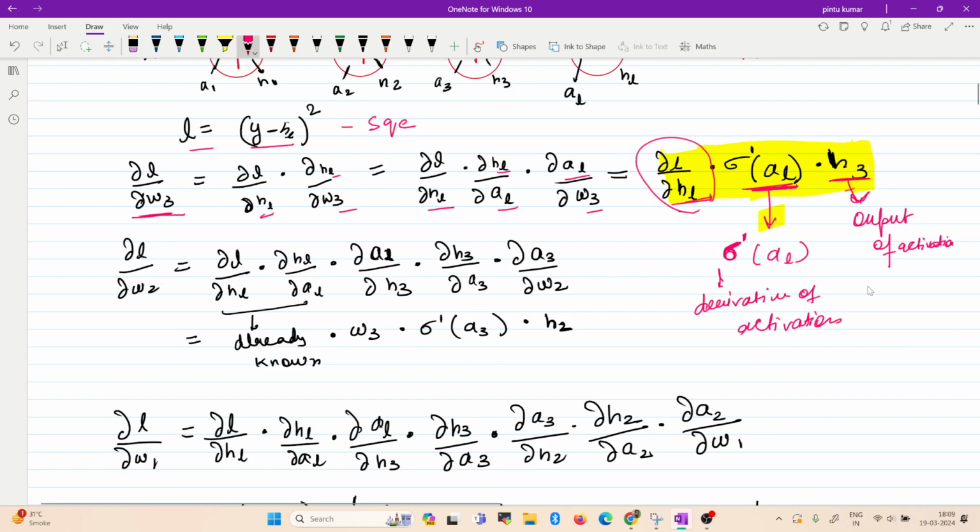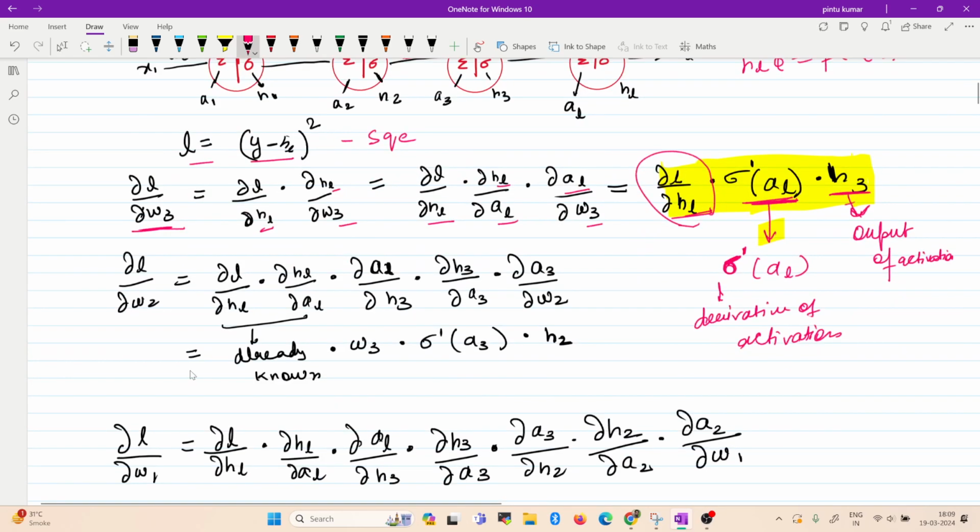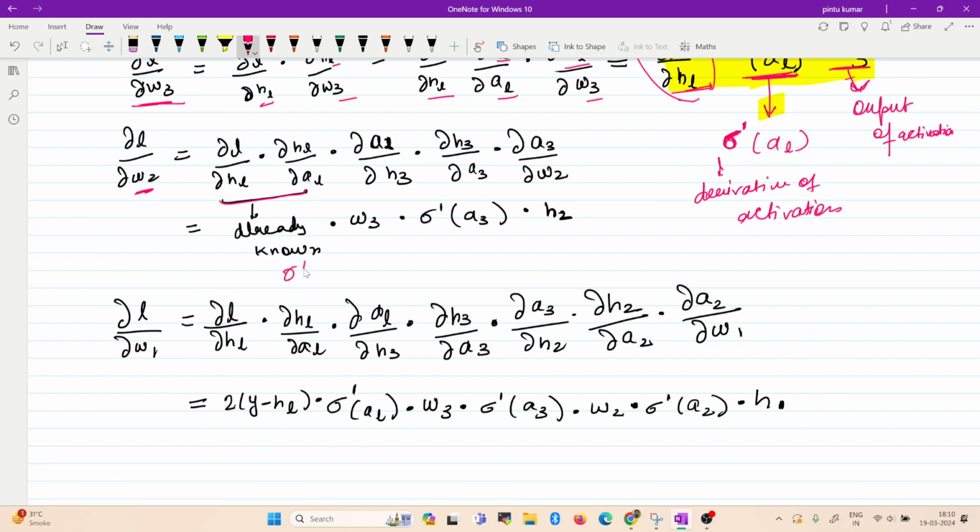function. Similarly, if you want to calculate the derivative of the loss function with respect to W2, there would be something like this also, which includes sigma dash of a2.